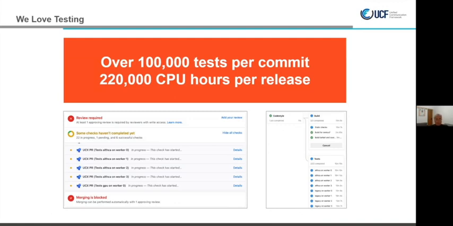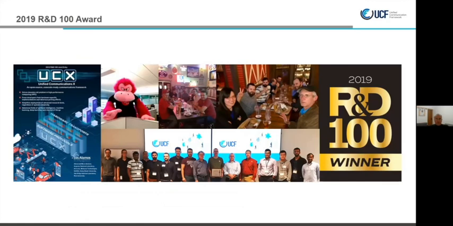Next slide, Oscar, please. 2 years ago, we were honored to be awarded. So UCX received the 2019 R&D 100 award for the achievements, for the usage, for the creation.